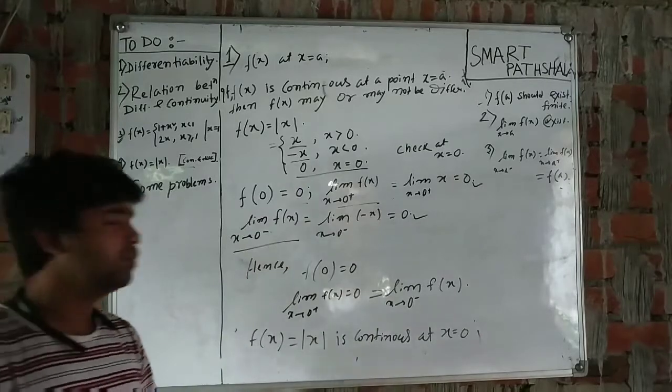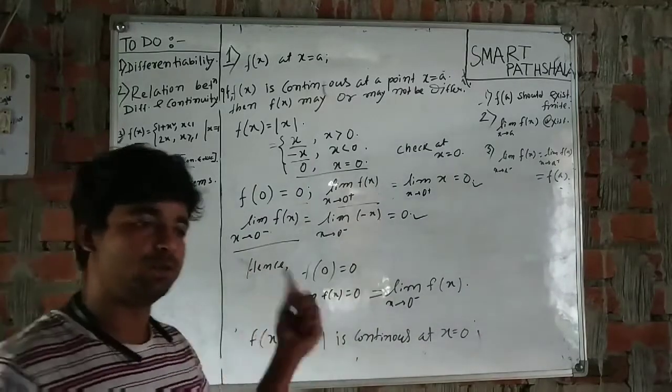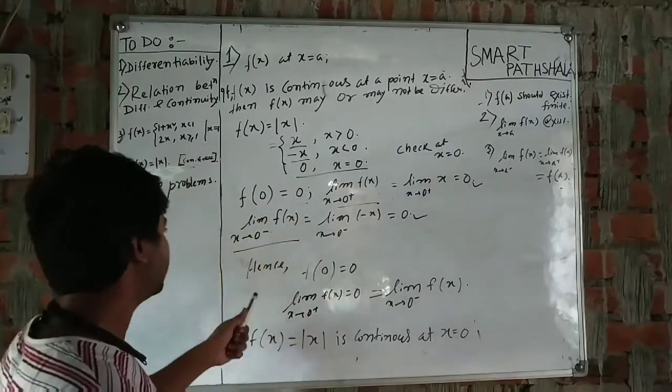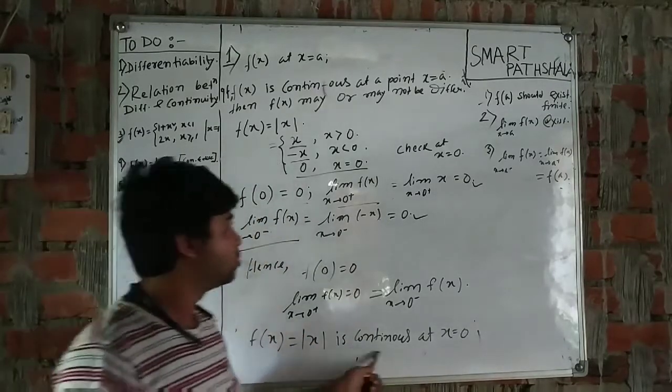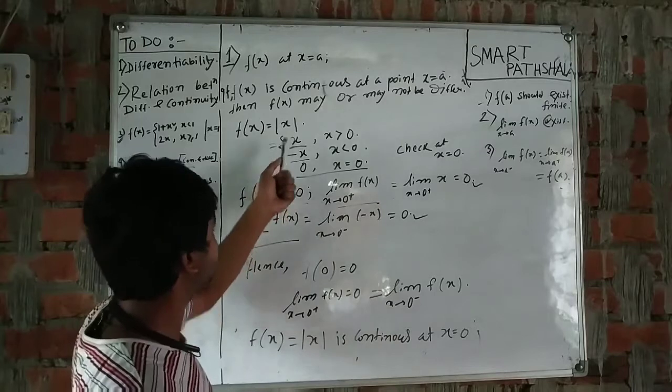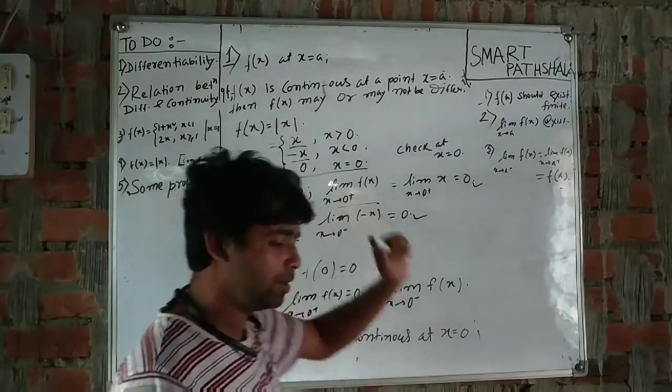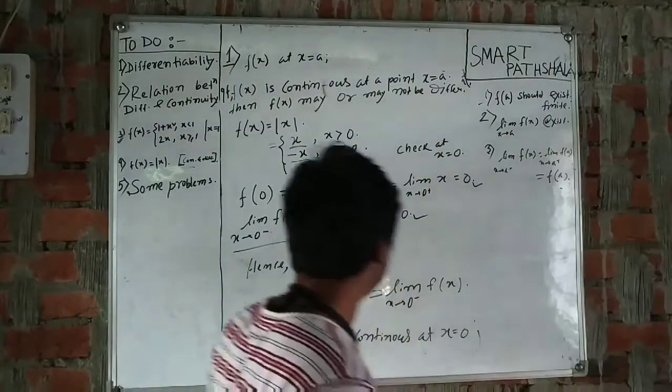Now let's check if this function is differentiable at x equal to 0. It is not necessary for this function f of x to be differentiable while it is continuous at this point, due to this statement. Now let's see if this function follows this statement or not.